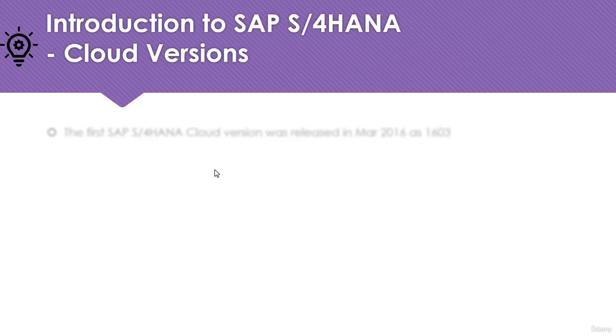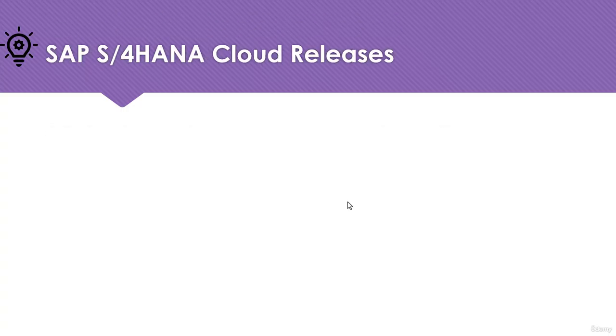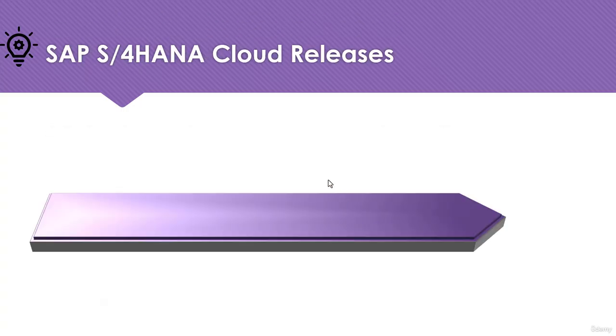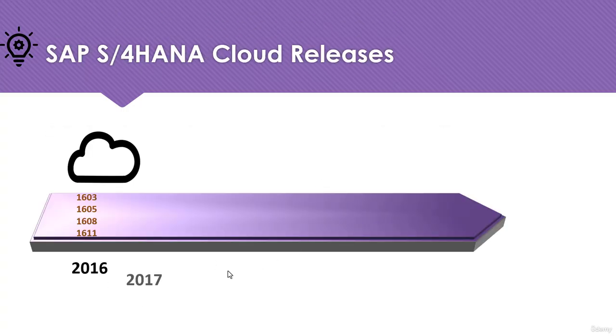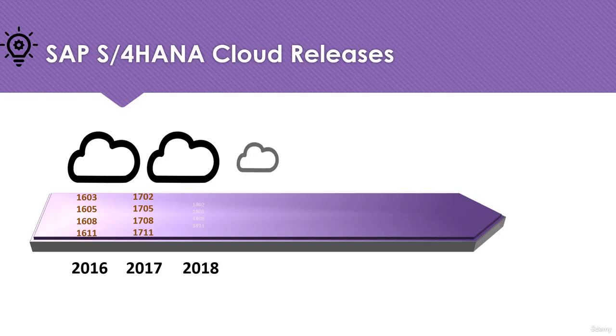Now I will demonstrate the cloud versions of SAP S4HANA Business Suite. The first SAP S4HANA cloud version was released in March 2016 as 1603. And here is the roadmap for the cloud version, which you can view.